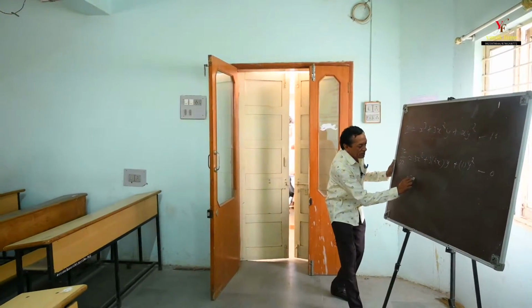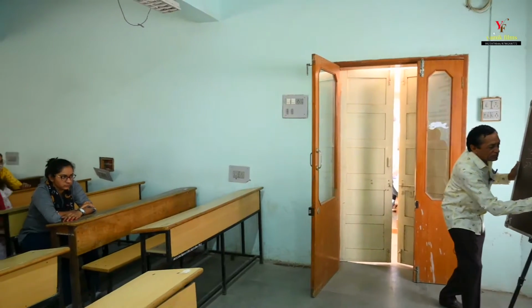Therefore our answer is 3x square plus 6xy plus y square. This is the first partial derivative with respect to x.